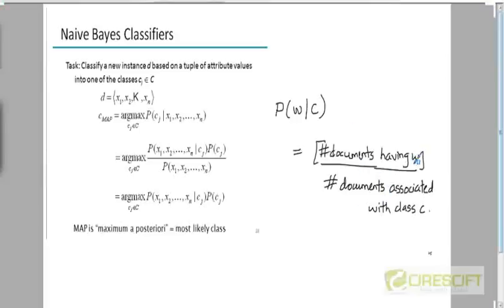So we're not looking at all documents having the word W. We're looking at documents associated with the class C which have the word W in them.